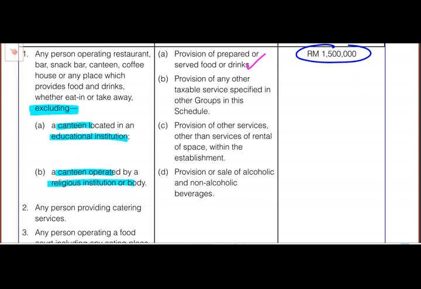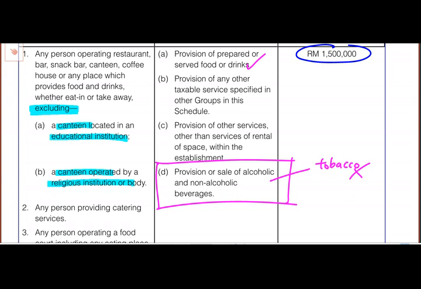Now, you notice this part, D, provision of sale of alcoholic and non-alcoholic beverages. What's the difference? Do you smoke? Now, cigarette is not here.